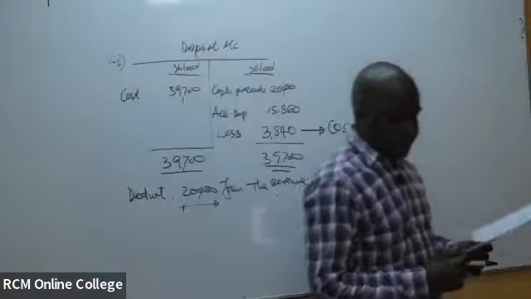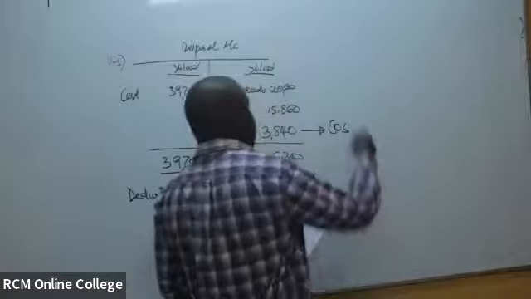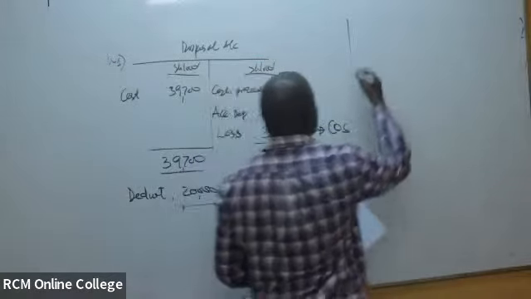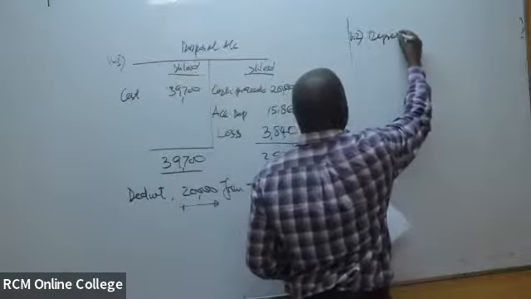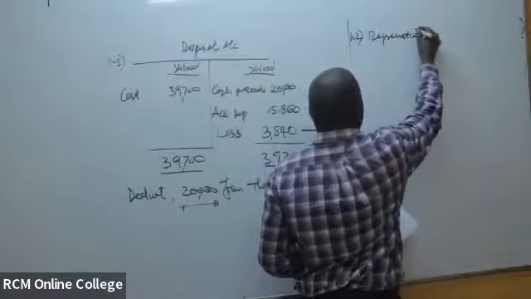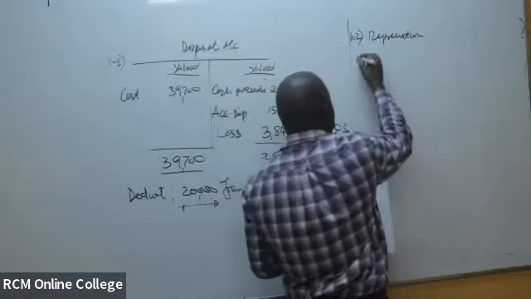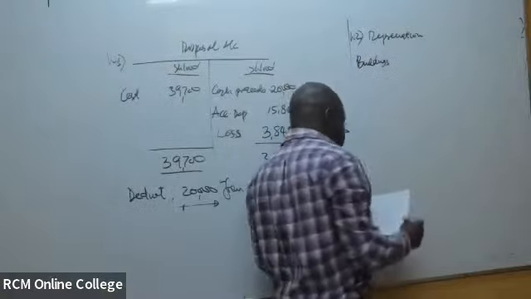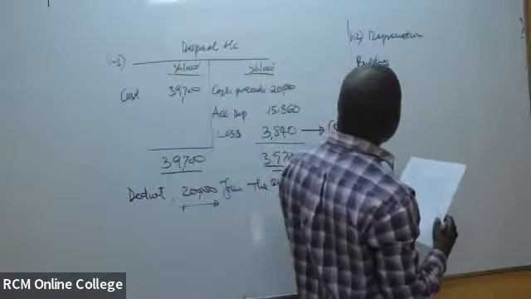Then we can go to depreciation. Depreciation is actually our working number 2. So for depreciation, we'll start with buildings. So buildings, in this case, we've been told 2.5% on straight line basis.